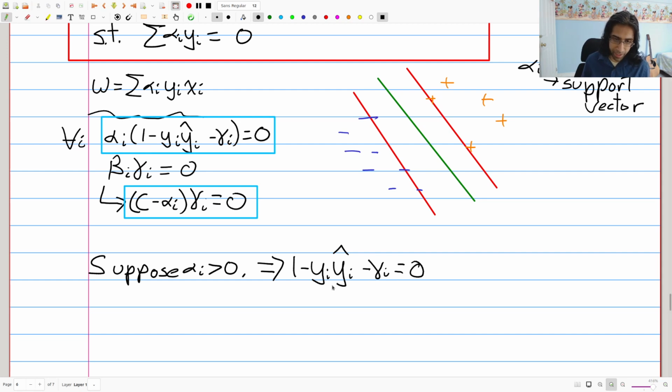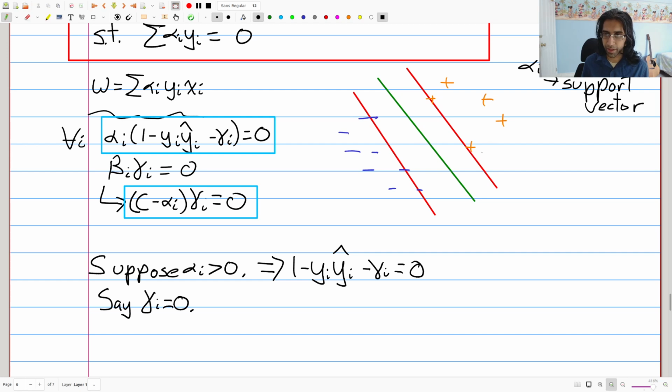So what does this mean? Well, there are a few different cases here. First of all, one case is that gamma i is equal to 0. And recall, we talked about the different cases. If gamma i is equal to 0, then the rest of the term, 1 minus yi y-hat, will be equal to 0. And that corresponds to points which are on this margin.